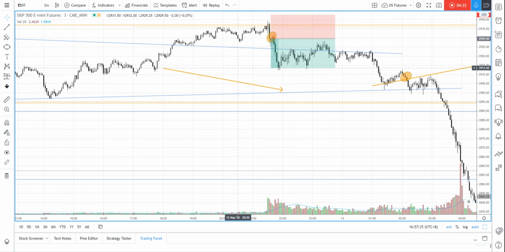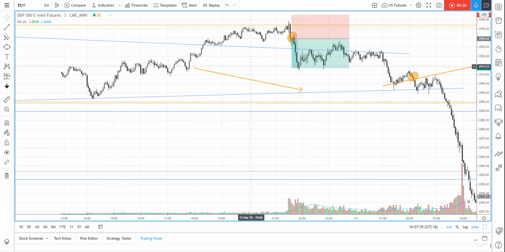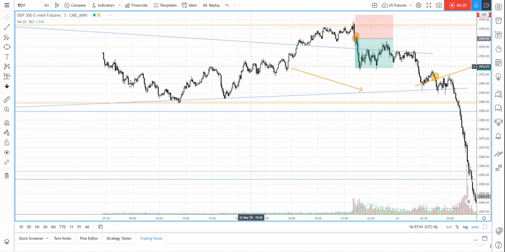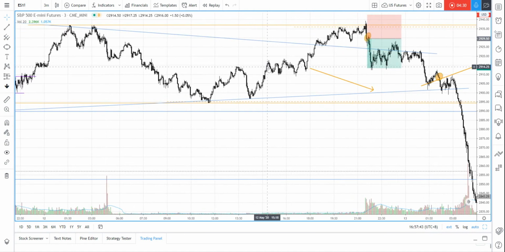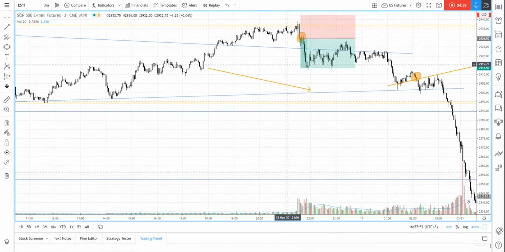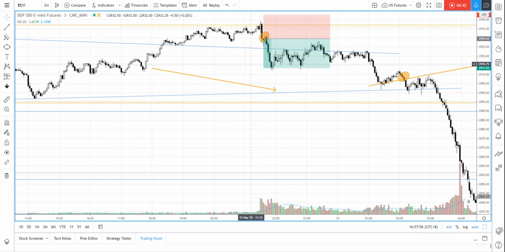As I examined previously, 2915 to 2920 was a support zone. If you look back a little bit, you can see that the price was bouncing up and down, consolidating within this region. So it proves that these levels still act as a support level, and I took my profit there.